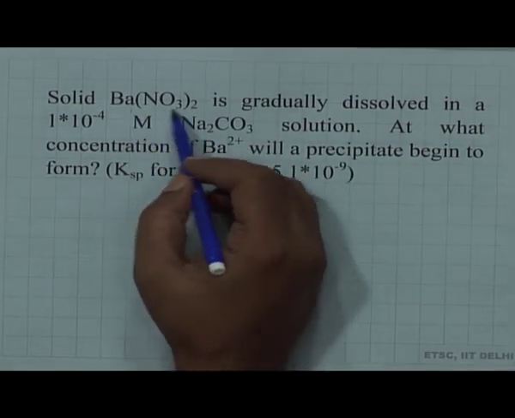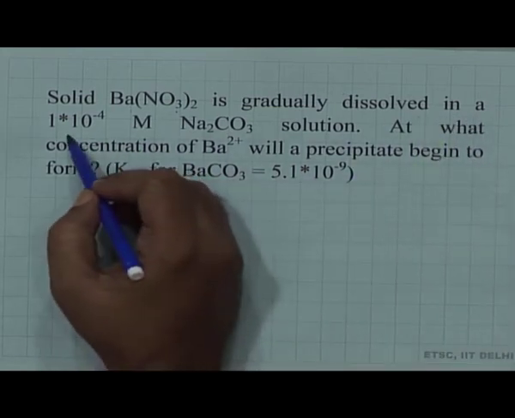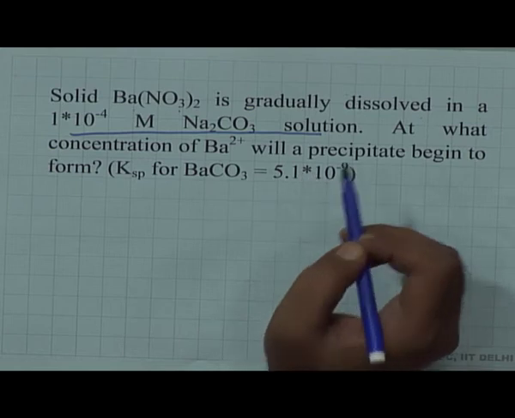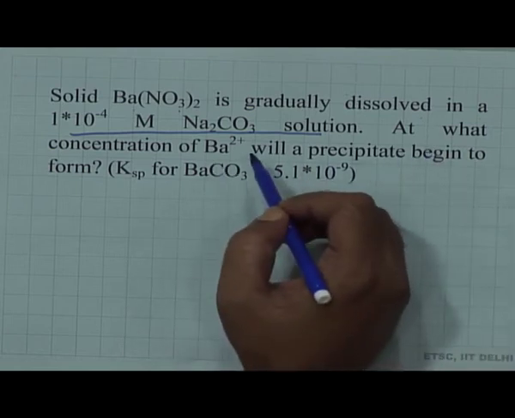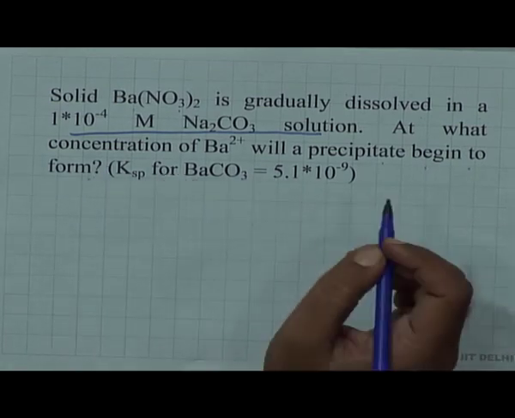It is given solid barium nitrate is gradually dissolved in a 10 to the power minus 4 molar Na2CO3 solution. At what concentration of barium 2 plus will the precipitate begin to form?